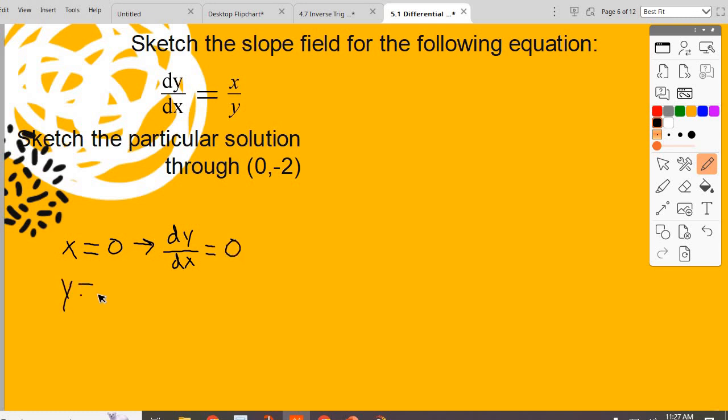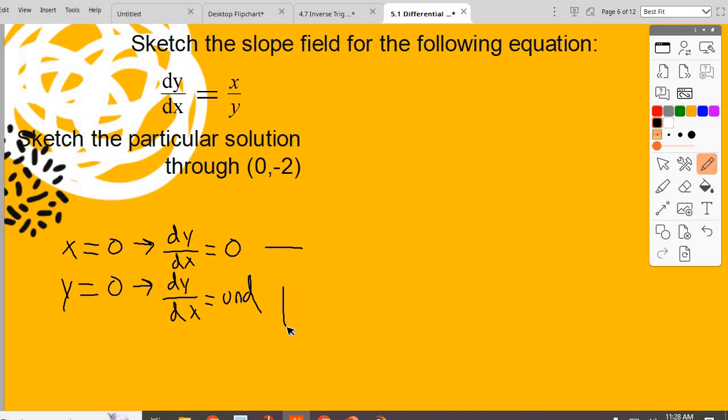However, if our y value equals 0, then our slope is going to be undefined. So those are going to be two big takeaways. So remember that slope being 0 is a horizontal line, slope being undefined is a vertical line.